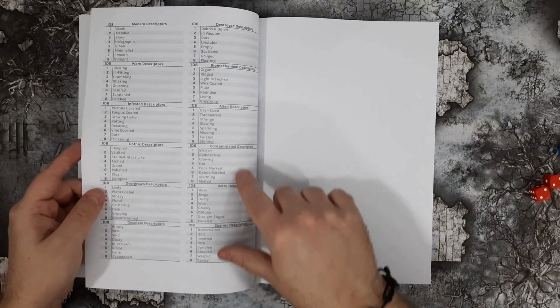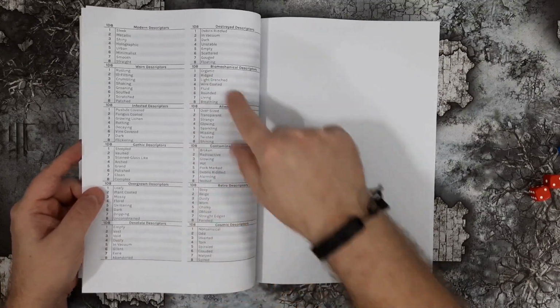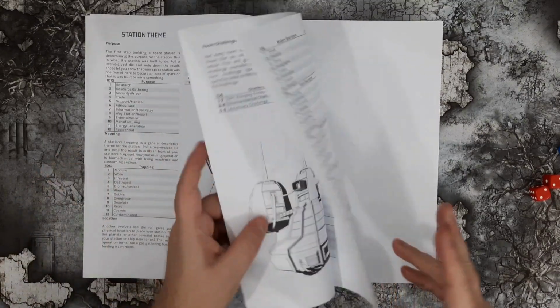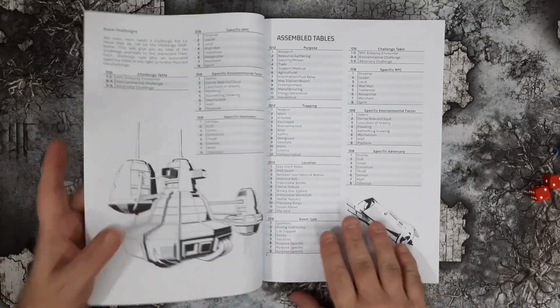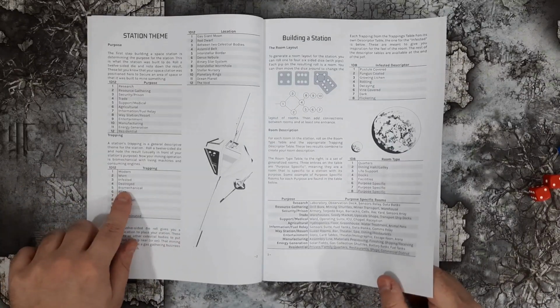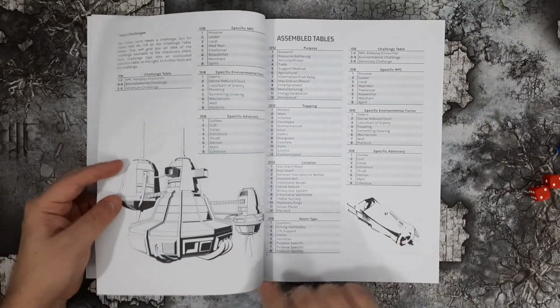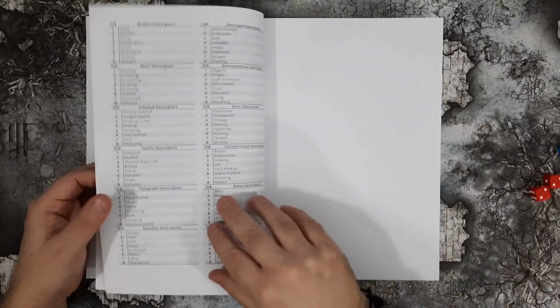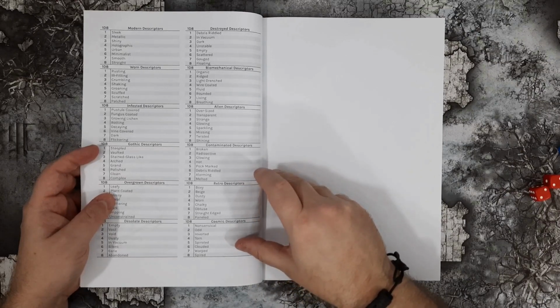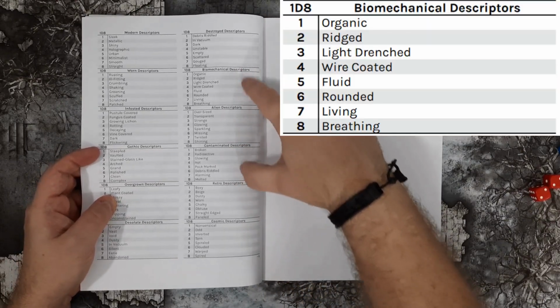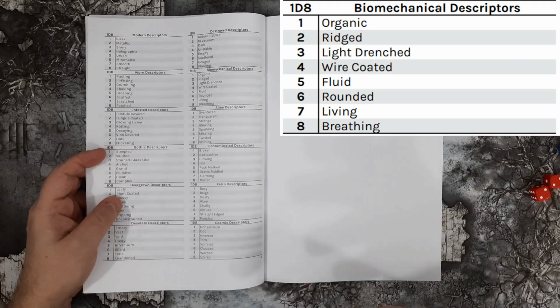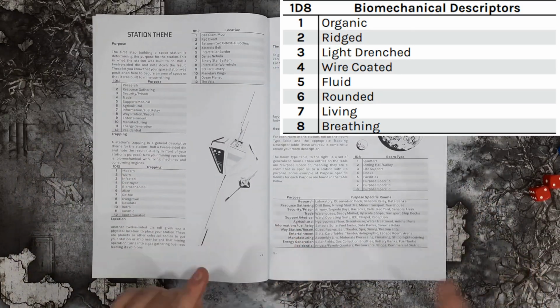So you're trying to identify the descriptor table at the back of the book which links with your trapping. For example, if we rolled up a 5, biomechanical, we would look up the biomechanical descriptor table, and that's what we would be rolling to give us some information about each room.